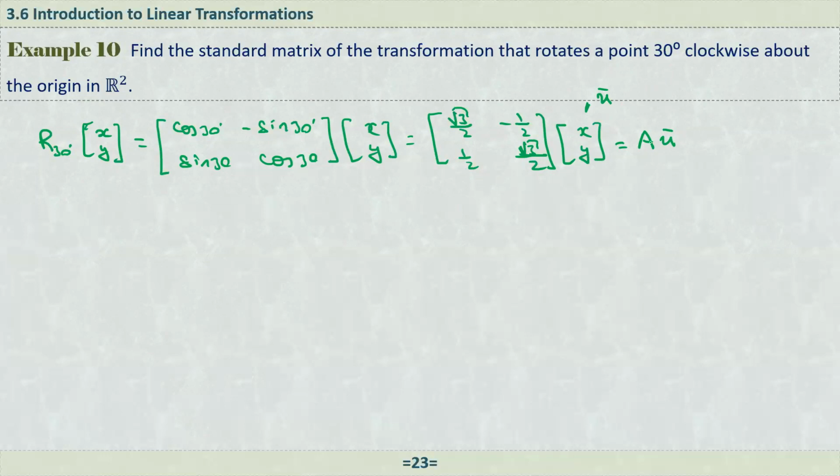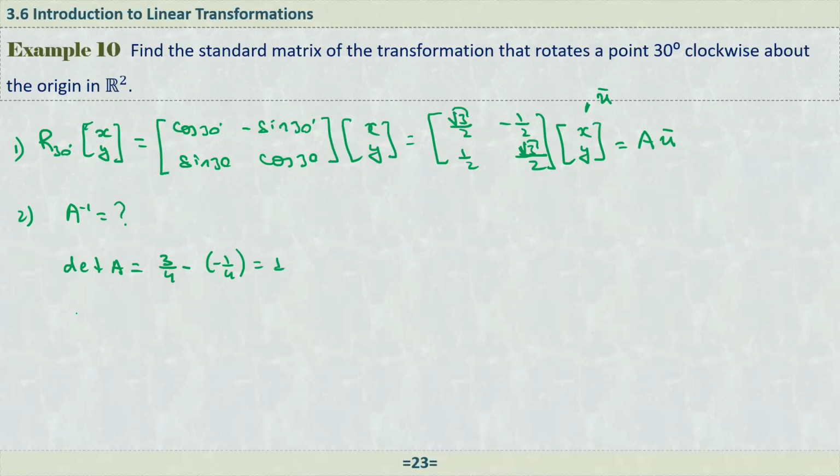So what is A inverse then? I know how to find the A inverse. First we need to calculate its determinant. It's just a 2 by 2 matrix. Determinant of A equals square root of 3 over 2 times square root of 3 over 2, that is 3 over 4, minus 1 over 2 times 1 over 2, that is minus 1 over 4, which is equal to 1. Good.